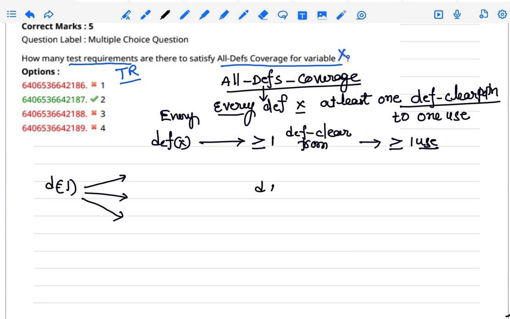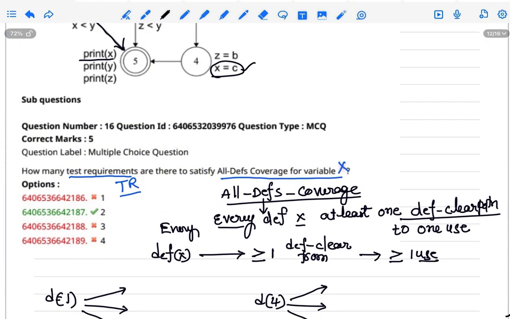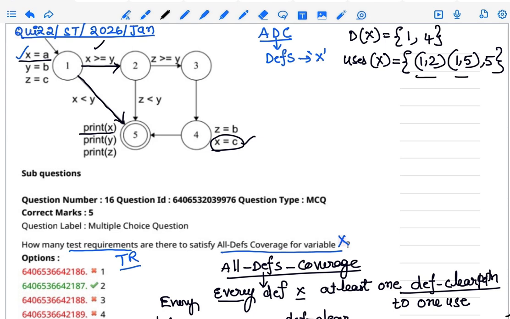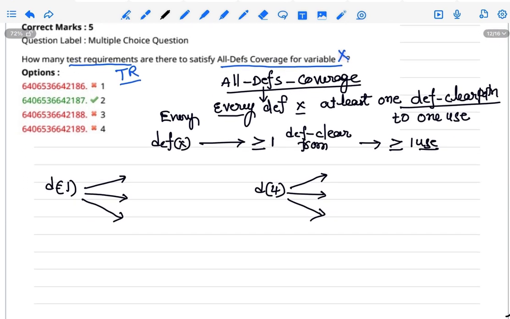There are how many uses? Three uses. Edge 1 to 2 is a use, 1 to 5 is a use, and node 5 is also a use. One use is edge 1 to 2, another is edge 1 to 5, and another is node 5.